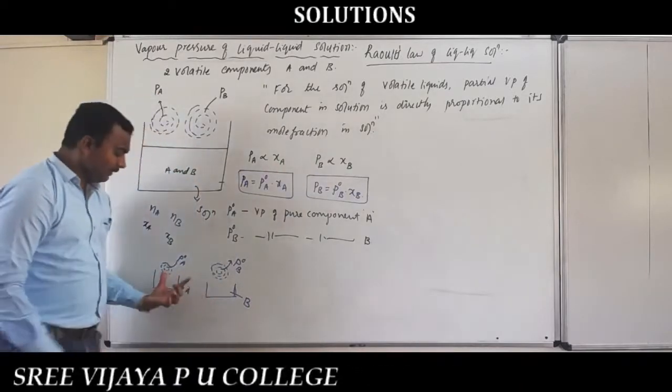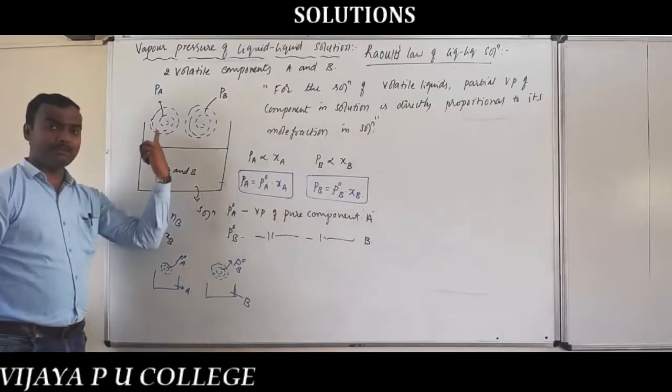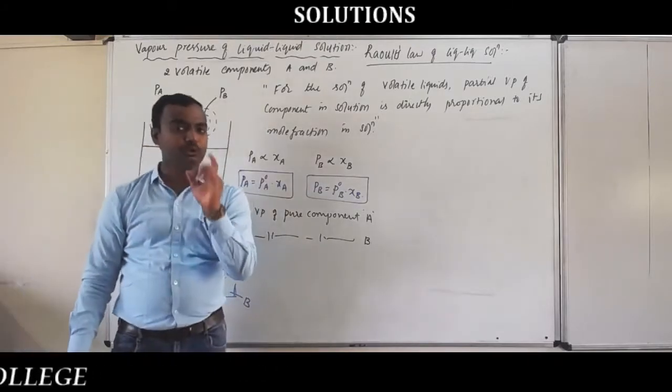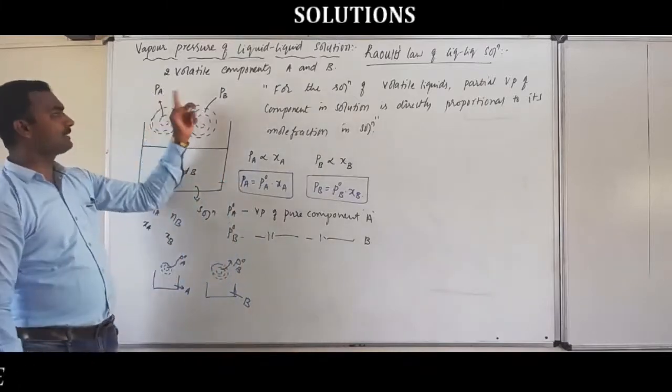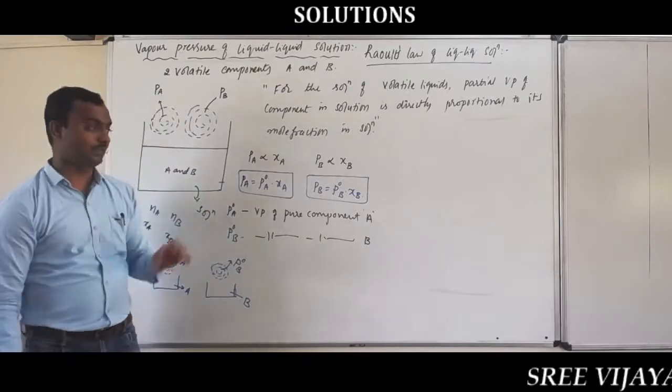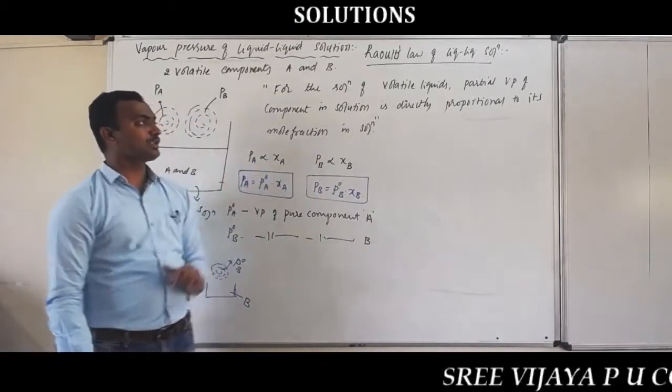So that is the difference between P naught A and PA. If we use P naught A, definitely that is a pure component. If we use just P, definitely that component is coming from the solution. So that is the concept of Raoult's law for an equilibrium solution.